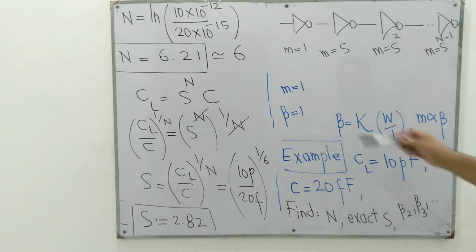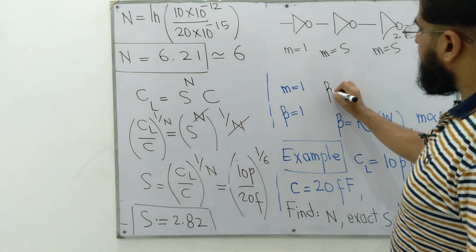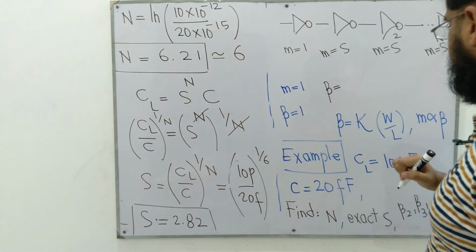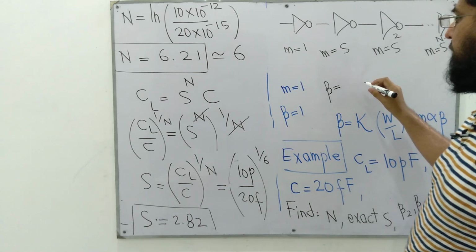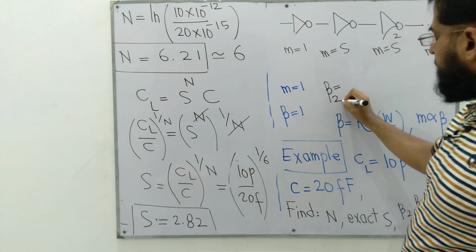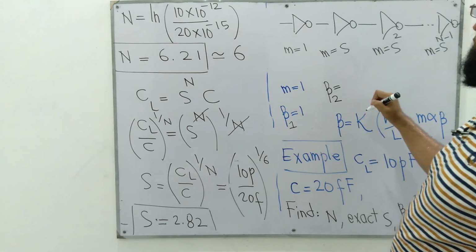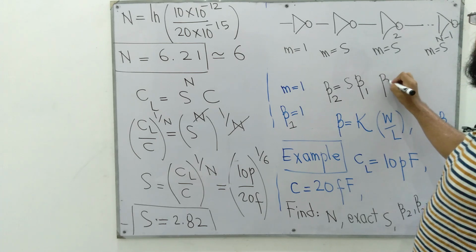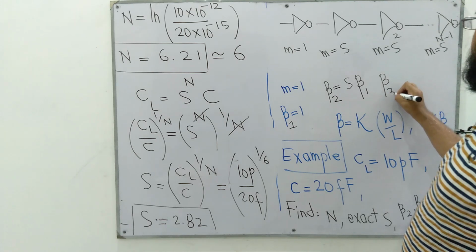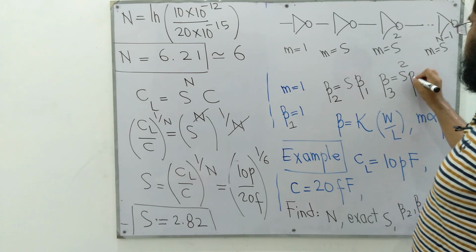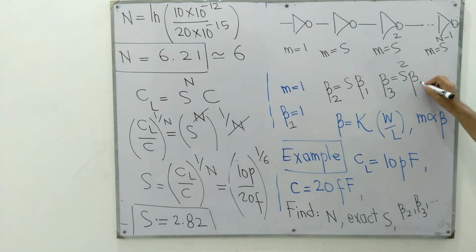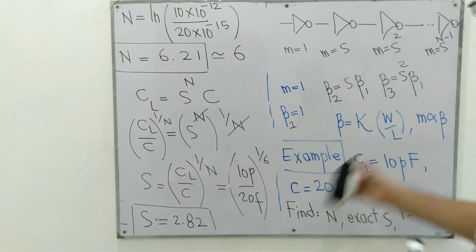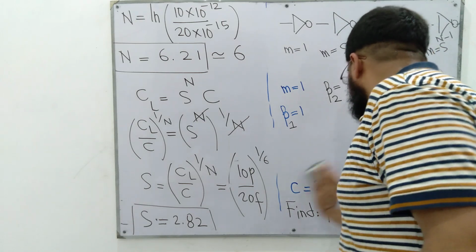So here we have beta 1, and here we have beta 2. Beta 2 is s times beta 1, beta 3 is s squared times beta 1, and finally, since we have 6 stages, what would be the 6th beta?